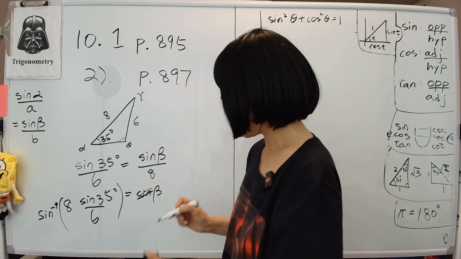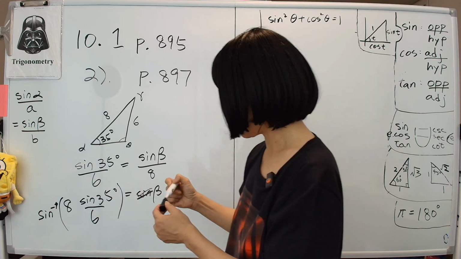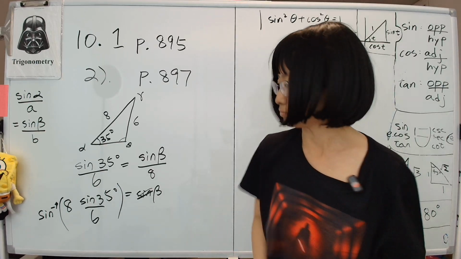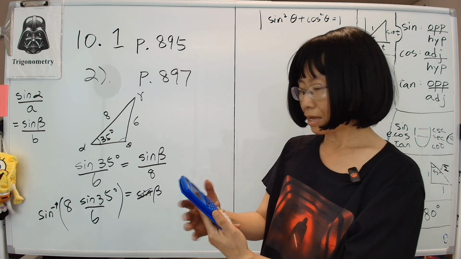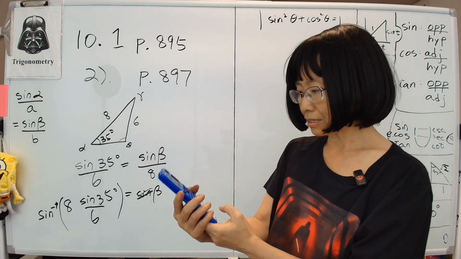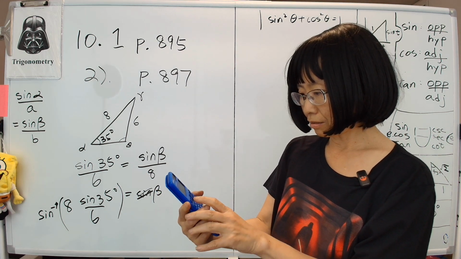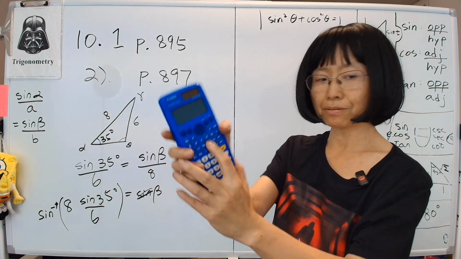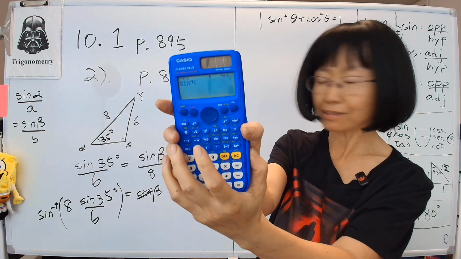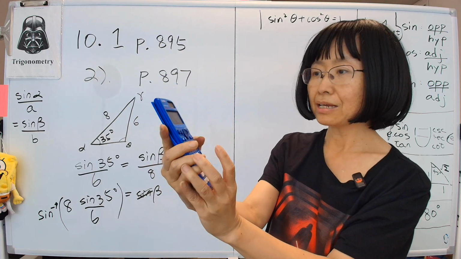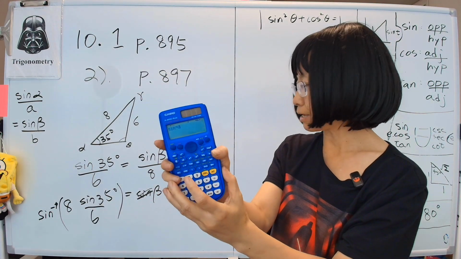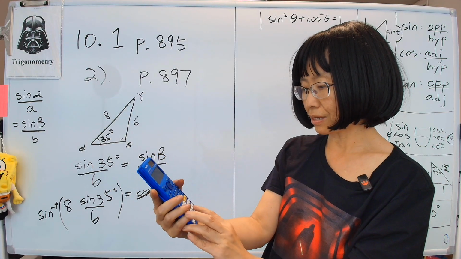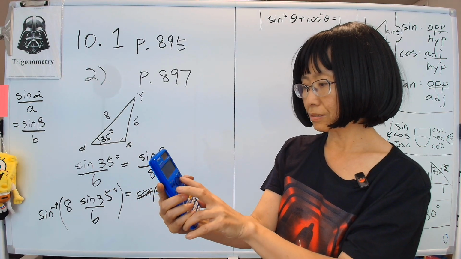So that is the value of beta, and let's crank it out right now on the calculator. To calculate beta, we'll punch in sine inverse, which on my calculator is shift sine. It has parentheses, and then we'll type in 8 times sine of 35, close parentheses.